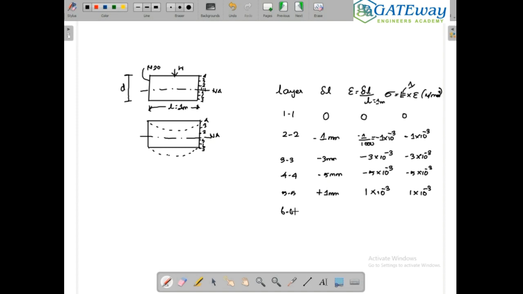Layer 6, plus 3 into 10 power minus 3. Layer 7, take it as 5 mm. Then it's 5 into 10 power minus 3.